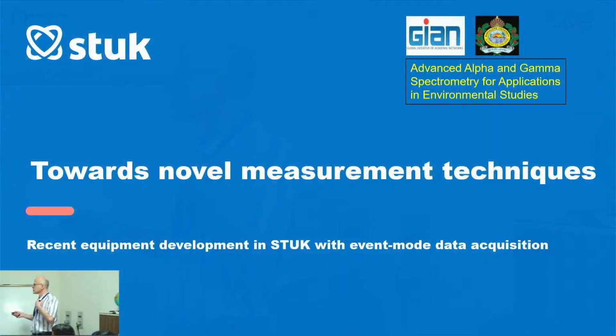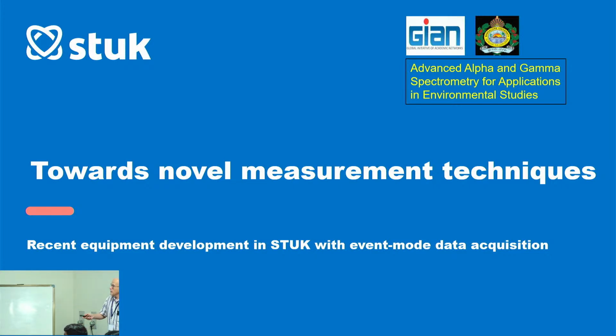And I only talk about recent development in my institute. And this is important. Sorry. Do you know what's this event mode or list mode data acquisition? Have you heard this concept before? All right.